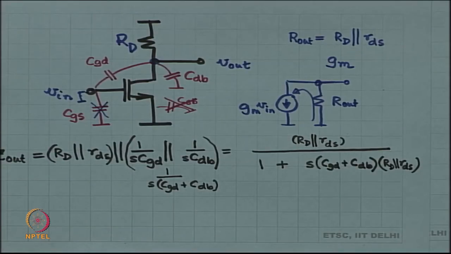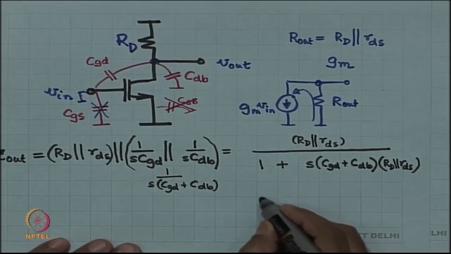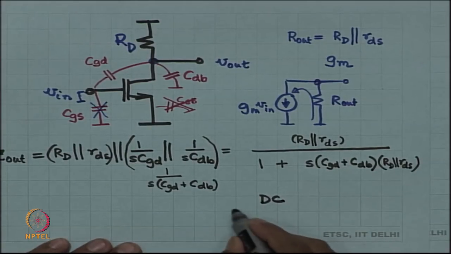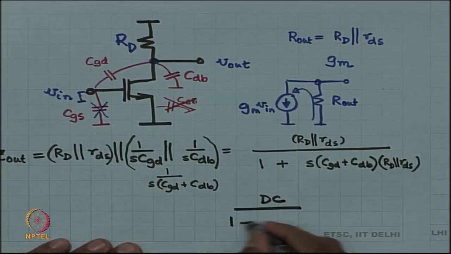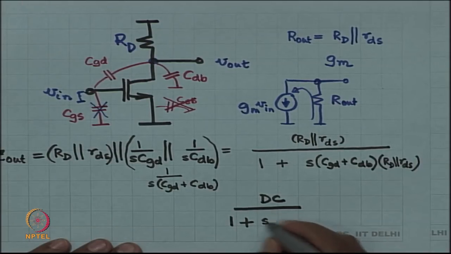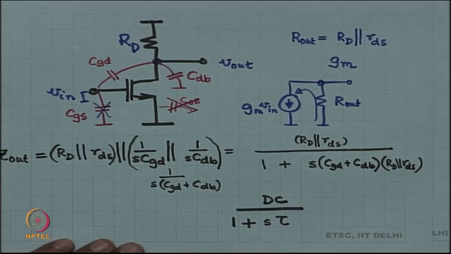The format is always going to be the DC quantity divided by 1 plus S tau, typically. This is going to be the typical format of things.